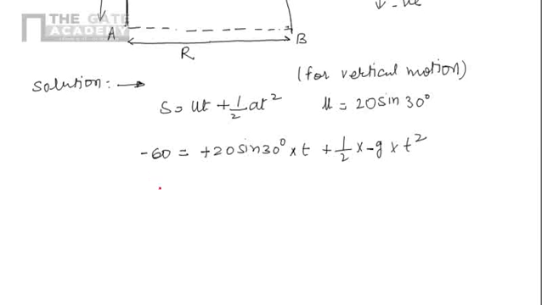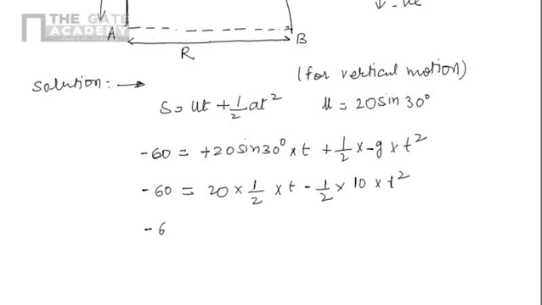So here we will get minus 60 equals 20 sin 30, which is 1 by 2, T minus 1 by 2. Let's take g value 10 meter per second square, T square.